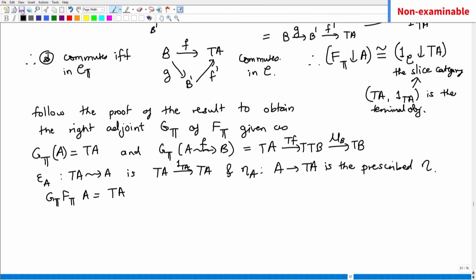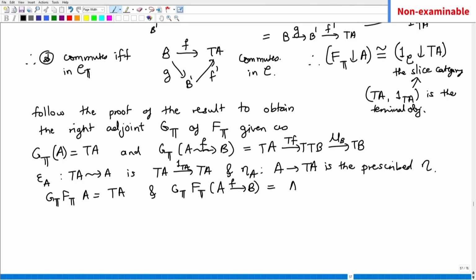And finally, together with the action on the morphisms, we also have to check that. If you start with an ordinary morphism F in category C, then you will recover what is FT of F. Do you remember that?